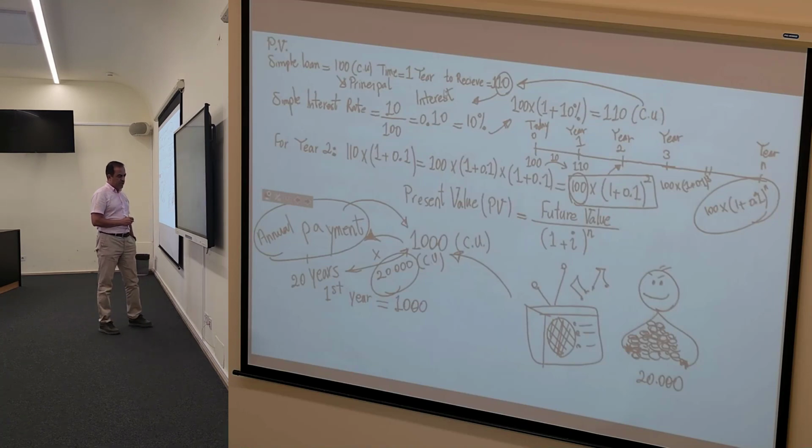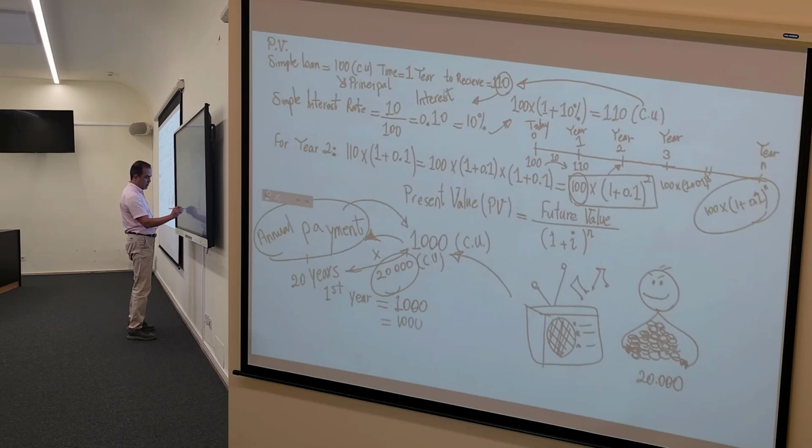For the second year, what might happen? We have 1,000, okay?